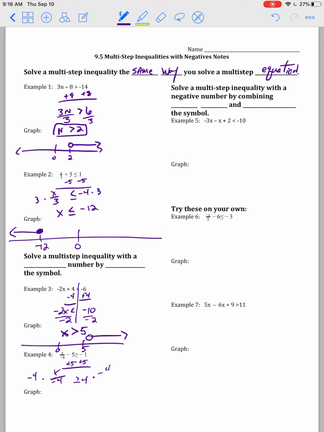Now remember, I got to flip the sign because I am multiplying by negative 4. So that means I'm going to have x is now less than or equal to negative 16. We can graph it. I'm going to put negative 16 right here. It's less than or equal to, so closed circle, arrow to the left.